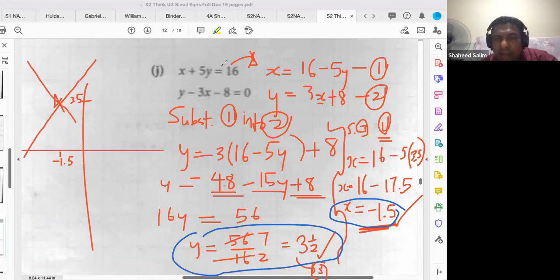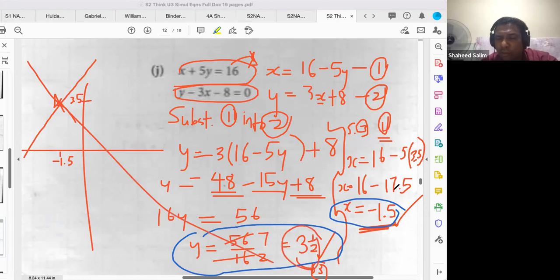This is one graph, this is another graph, and they are cutting each other at this point. You have found out what y is, you have found out what x is, you have found out the coordinates of the point of intersection. That means the point where the two graphs cut each other. This line is called a graph, and this other line is called a graph. And you have the formula here. Okay, I hope you're all right.